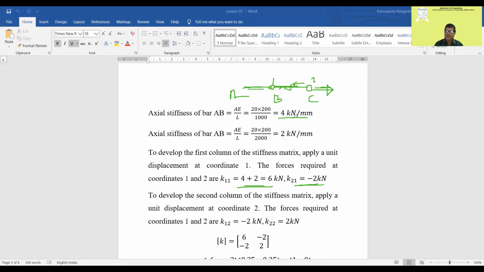They will be opposing motions, so that will be minus and this will be plus. Now we find K: first column 6, minus 2, second column minus 2, 2. So this is the stiffness matrix developed for two bars connected by pins.